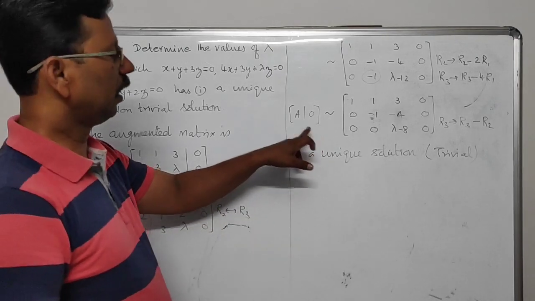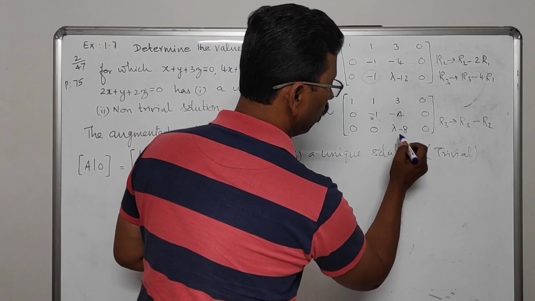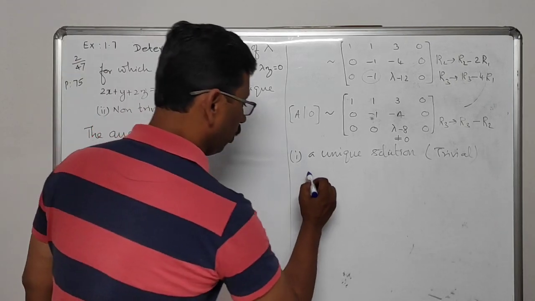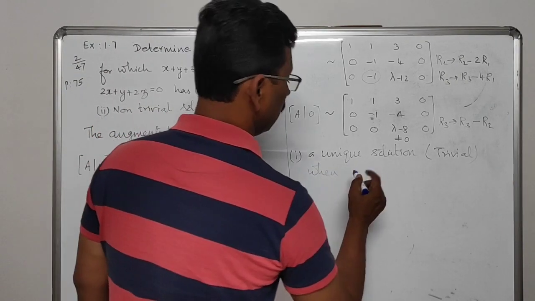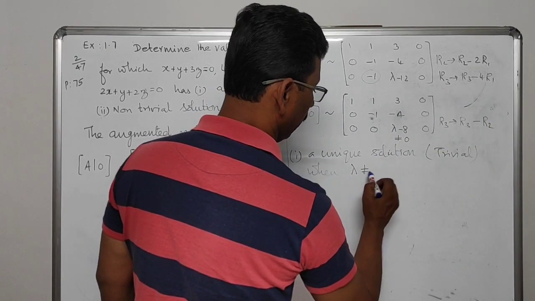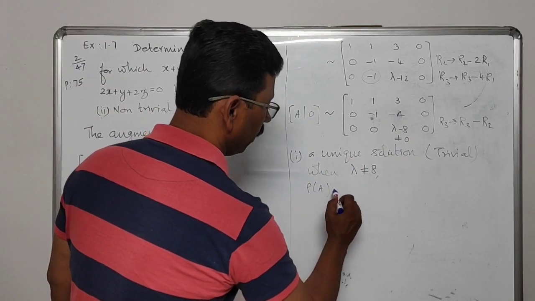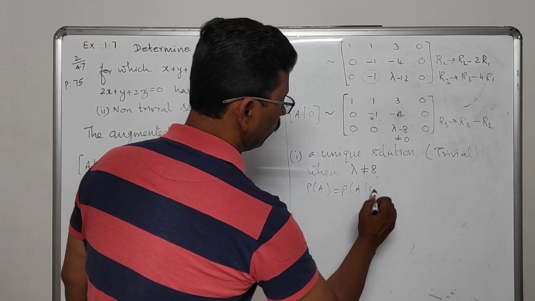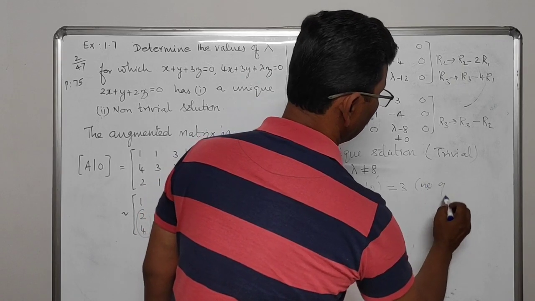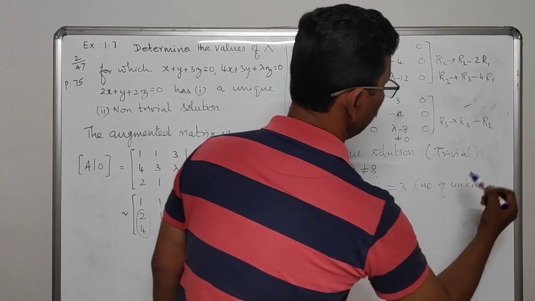Okay, therefore here we have three variables, which means the rank must be 3, which means this last term should not be equal to 0. This lambda minus 8 should not be equal to 0. Therefore we can say when lambda minus 8 is not equal to 0, that is, lambda not equal to 8, rank of A and rank of A0 are equal, which are equal to 3, that is the number of unknowns.